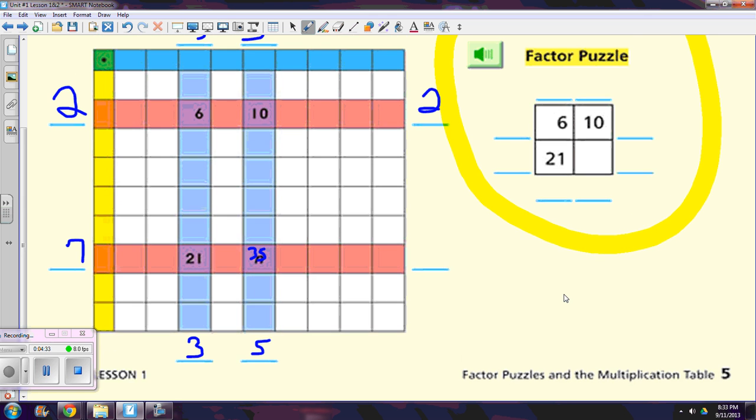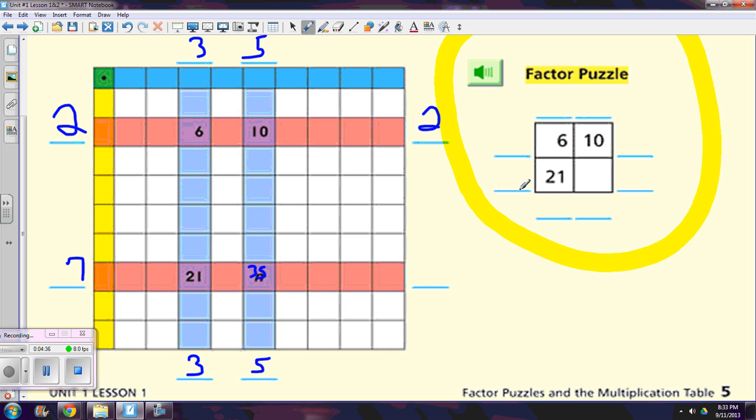So, in your factor puzzle that you did in your notebook, you should place the 2 here, the 2 there, 7 there, 7 there, the 3 and the 5, the 3 and the 5, and the 35. 2 times 3 is 6, 2 times 5 is 10, 3 times 7 is 21, 7 times 5 is 35. And you've completed your first factor puzzle.